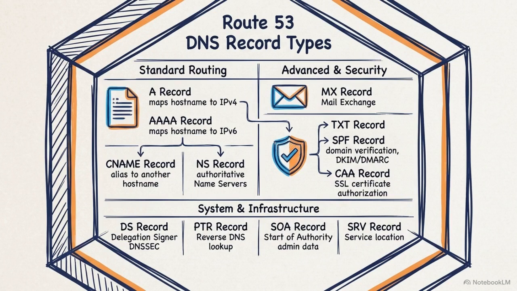MX records define mail server locations, while TXT and SPF records store domain verification data. CAA records are used to specify which authorities can issue SSL certificates for the domain. Route 53 also supports DS records for DNSSEC, PTR for reverse DNS lookups, SOA for administrative zone data, and SRV records for defining directory service locations.